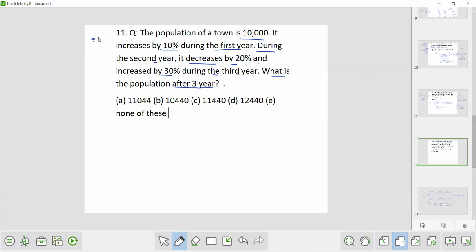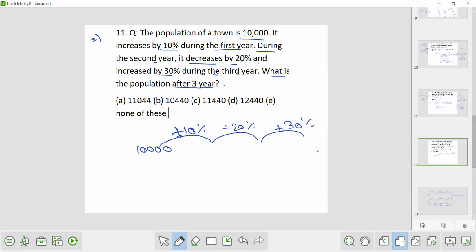Okay. Now this question number 11. Here the initial value is given, that is 10,000. Then there is an increment of 10%, so plus 10%. Then a decrease by 20%, so minus 20%. Then it got increased by 30%, so plus 30%.